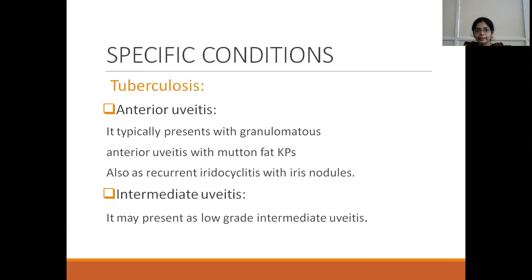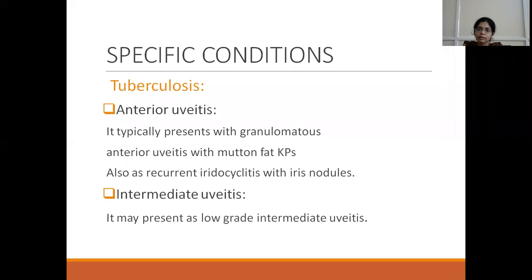When it is the anterior part, please remember tuberculosis usually produces a granulomatous type of iridocyclitis, where you have your typical mutton fat keratic precipitates arranged in a triangular fashion, and there can be iris nodules and lots of aqueous cells and flare.